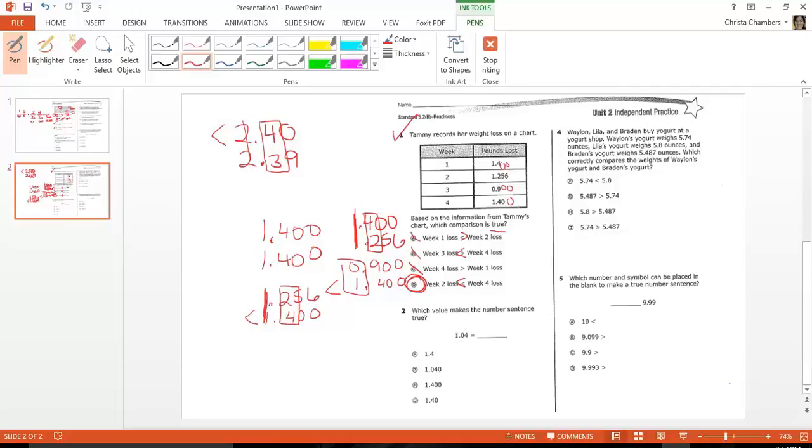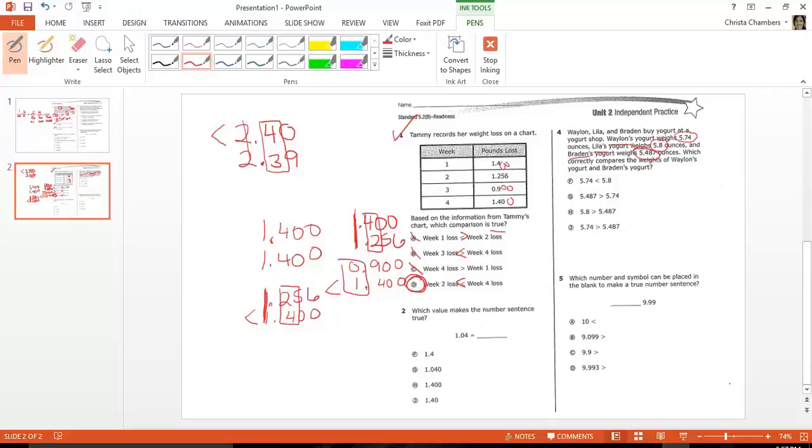Put a check mark on it. Let's come over and look at number 4. It says Waylon, Lila, and Braden buy yogurt at a yogurt shop. Waylon's yogurt weighs 5 and 74 hundredths ounces. Lila's yogurt weighs 5 and 8/10 ounces. And Braden's yogurt weighs 5 and 487 thousandths ounces.